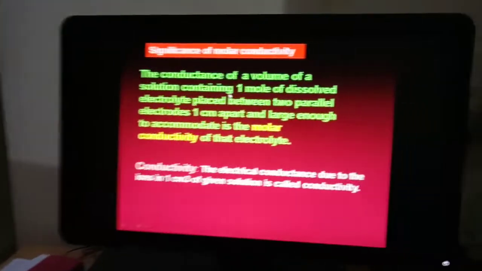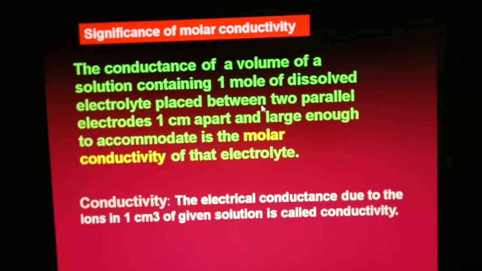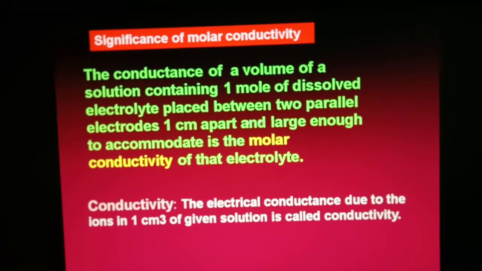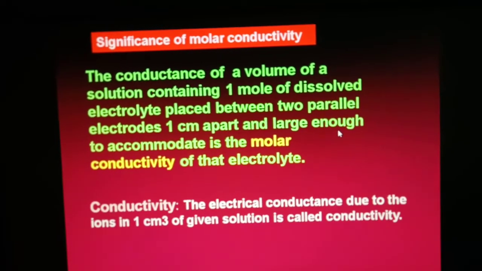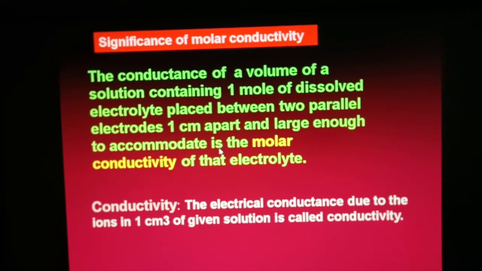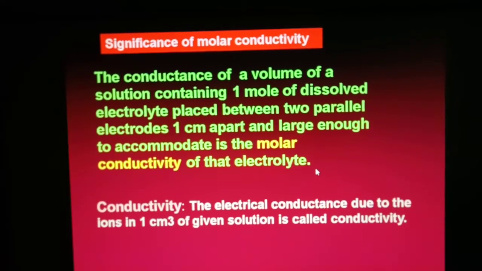Now let us know the significance of molar conductivity. The conductance of a volume of a solution containing 1 mole of dissolved electrolyte placed between two parallel electrodes 1 centimeter apart and large enough to accommodate it is the molar conductivity of that electrolyte.